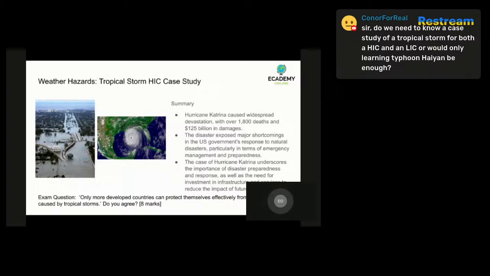So, for example, you might want to talk about Typhoon Haiyan, and the fact that they may have used concrete shelters, or they might have built their homes on stilts instead, so that if there were any storm surges, the water would go underneath. Often they have to rely on NGOs because there's a lack of money in the area.